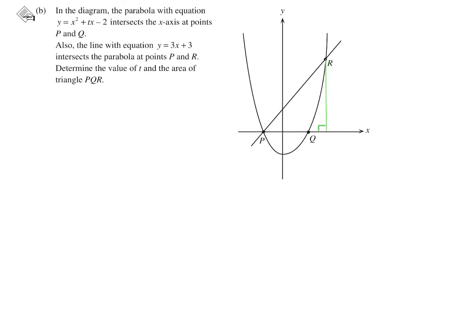And then I've got to figure out the area of triangle PQR. So that basically means from P to Q, and then from Q to R, and then back to P. Okay, I got it.